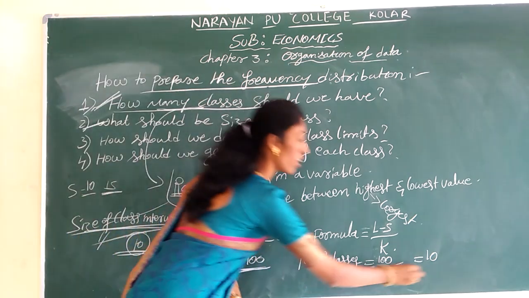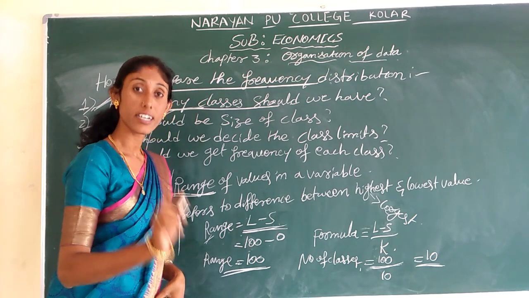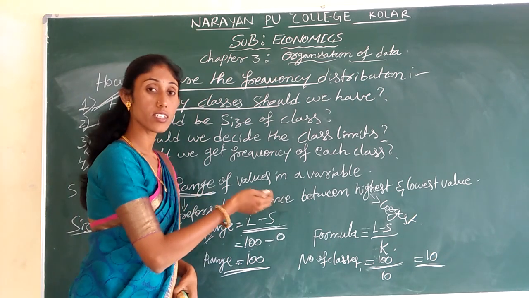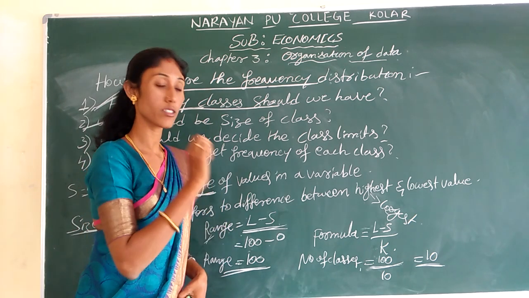Here the number of classes is 10. We have decided the number of classes is 10, and with the help of this number of classes, we are able to find the size of a class.